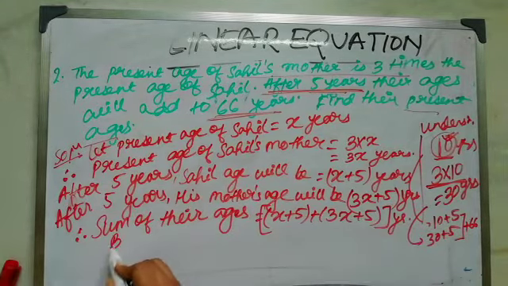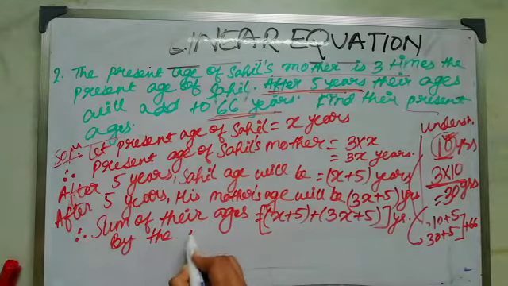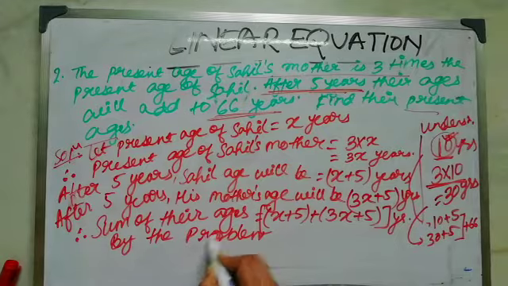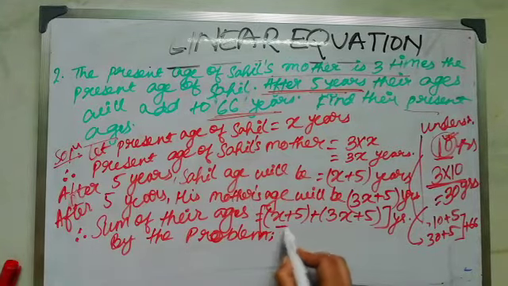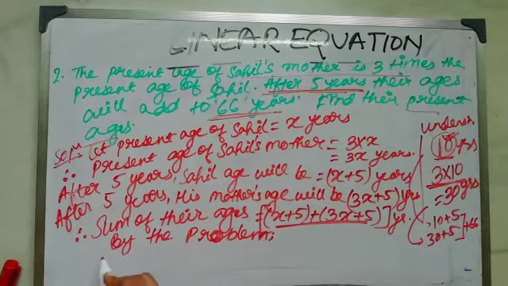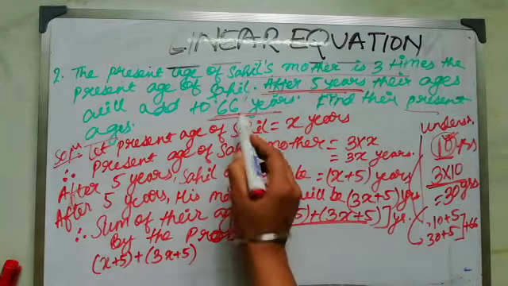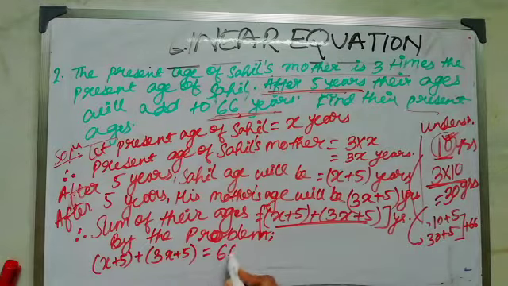Now, here only I can write by the problem, after 5 years their age is x plus 5 plus 3x plus 5. But my question is telling that it is equal to 66. It means this and 66 are equal, isn't it? Now we will start solving this.